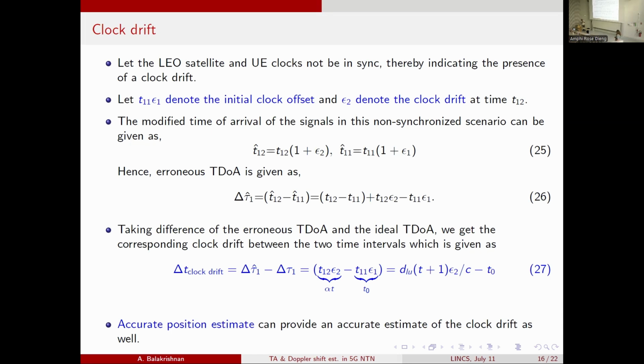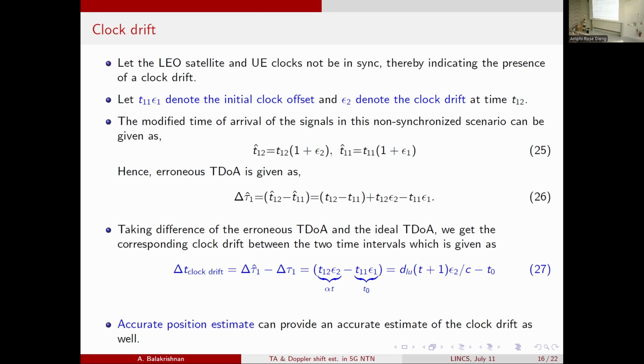In equation 27, what we observe is that the clock drift can be modeled as a linear program of the slant range, which is a function of the estimates of the satellite location and the UE location.